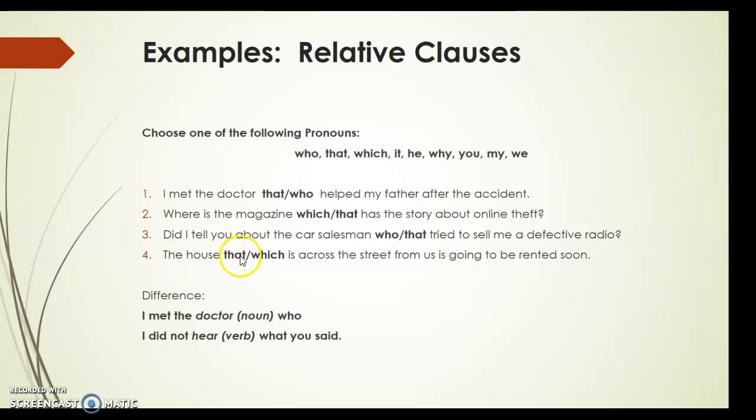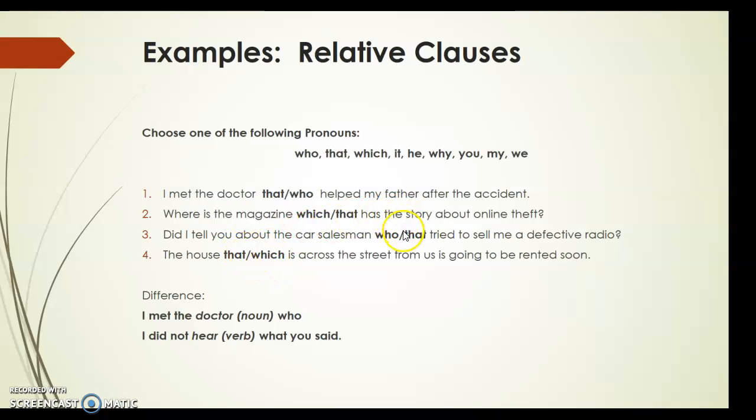The house that is across the street from us is going to be rented soon. The house which is across the street from us is going to be rented soon. Again, we can use that, and we can use which.